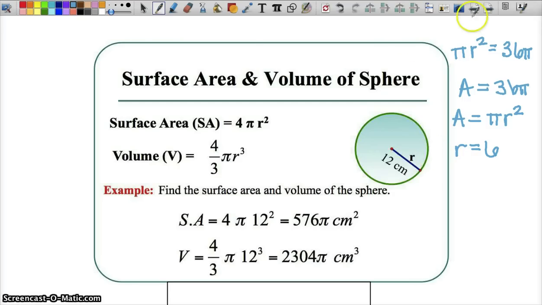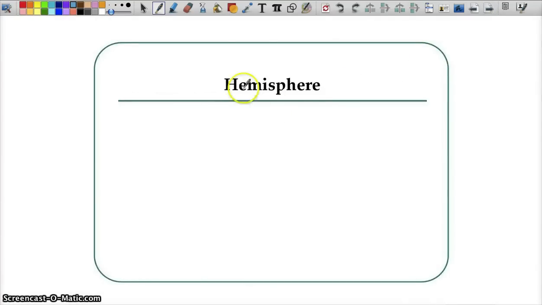All right, then with the spheres, of course, we have hemisphere, and all that is half of a sphere. That's it, just half of it.